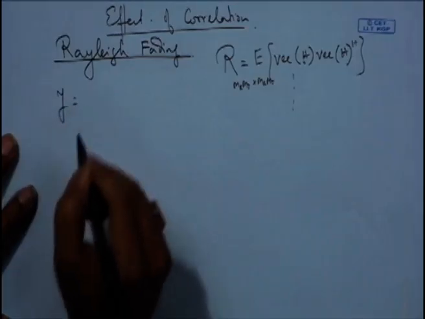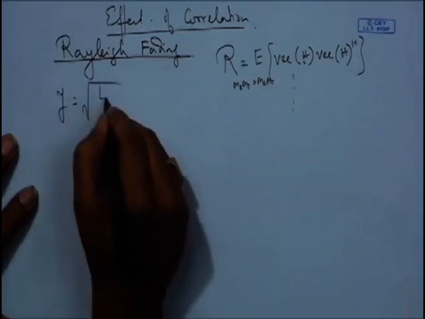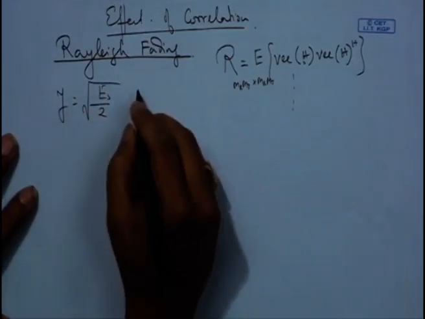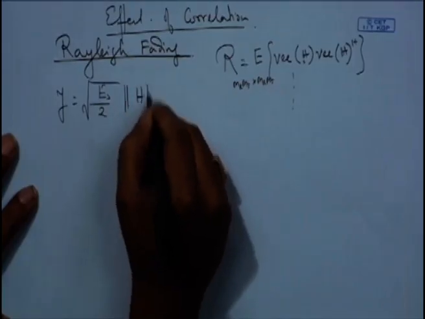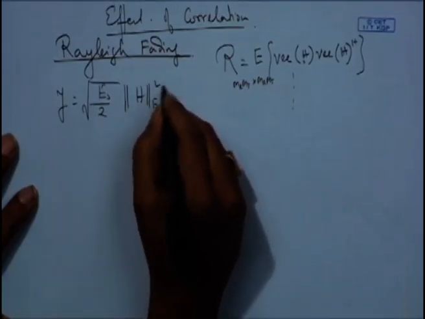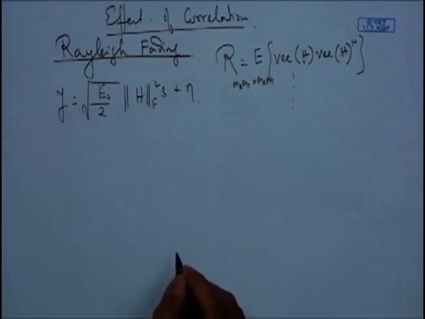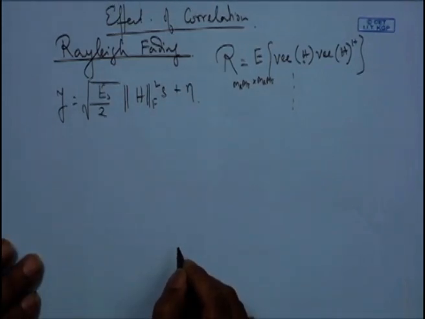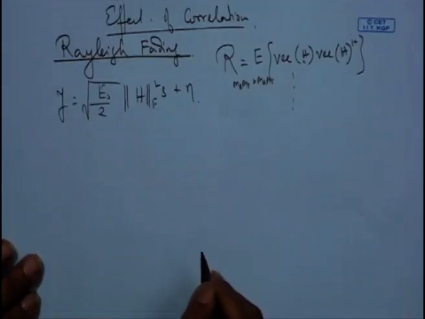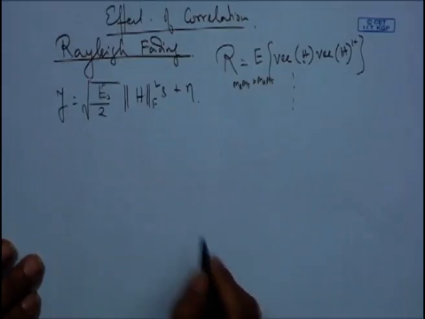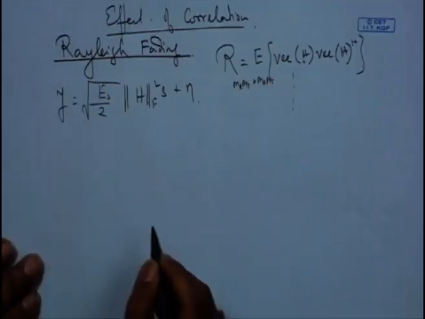So typically we could write the expression of Y as root over Es by 2 times Frobenius norm of H times S plus N. This is typically for the Alamouti scheme.